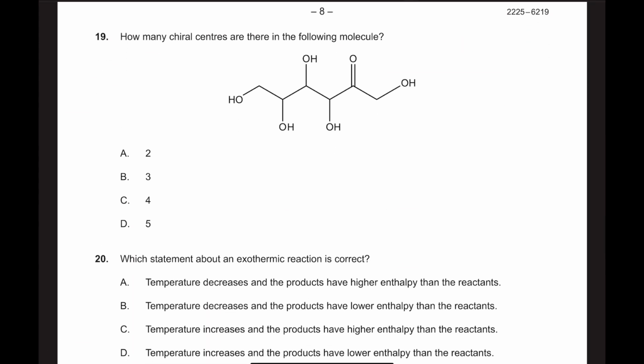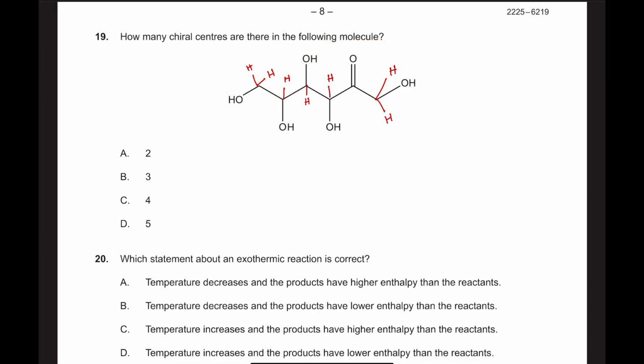Next, how many chiral centers are there in the following molecules? Now, this is also a pretty simple question. Now, this carbon cannot be chiral because 2 hydrogens are attached to it. This one, however, is chiral because you have 1 hydrogen, 1 OH, this is the third group and this is the fourth group.